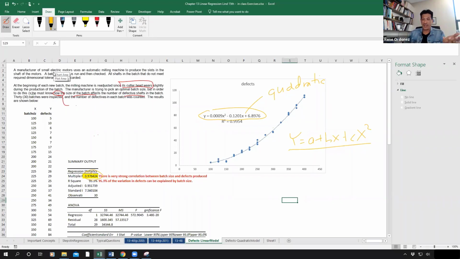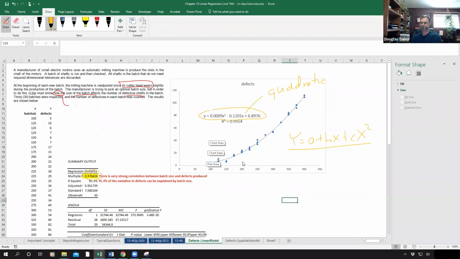So look at the R squared value: 0.9954. Compare that to the R squared value of the linear model. Obviously, this one is better, right? Correct. Okay, so let's run this model using the data.